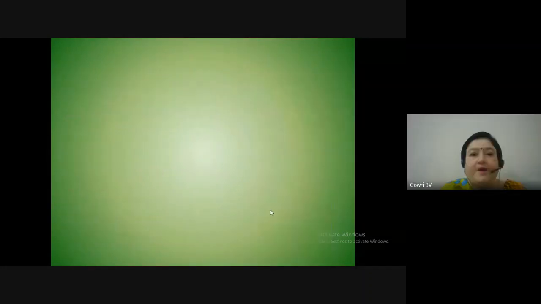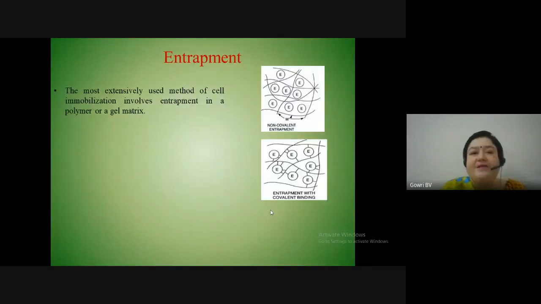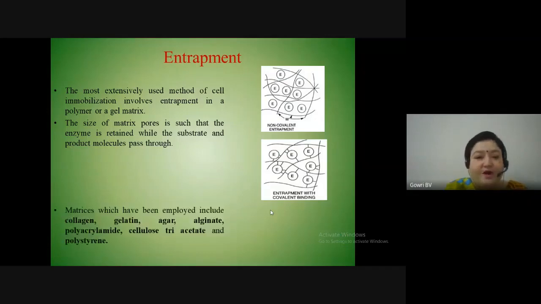Yes, ma'am. The next method we have is entrapment, and of course the extensively used method. The most extensively used method of cell immobilization involves entrapment in a polymer or a gel matrix. The size of the matrix pore is such that the enzyme is retained while the substrate and product molecules pass through it.